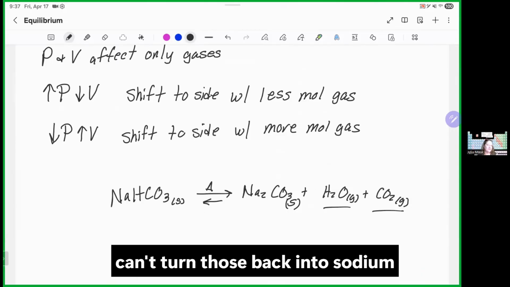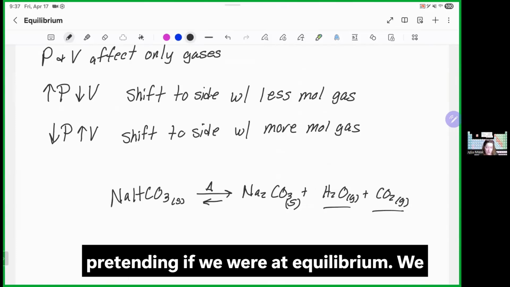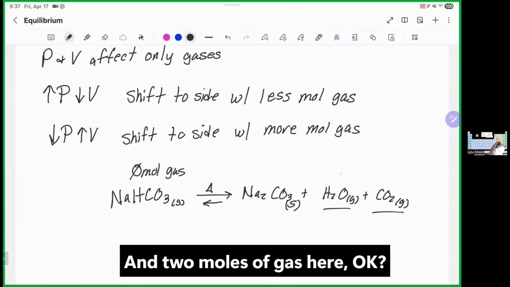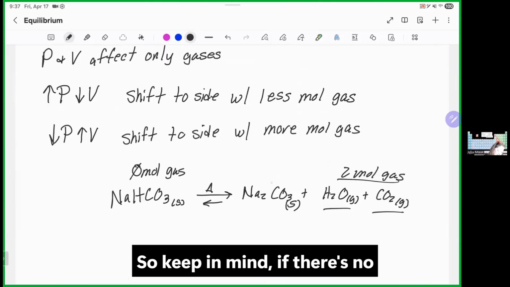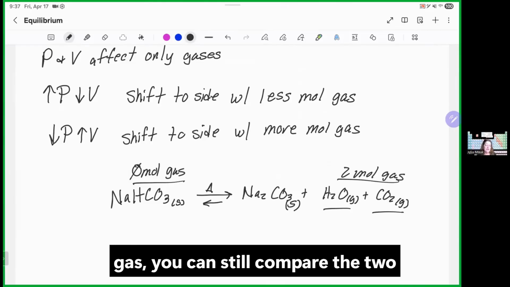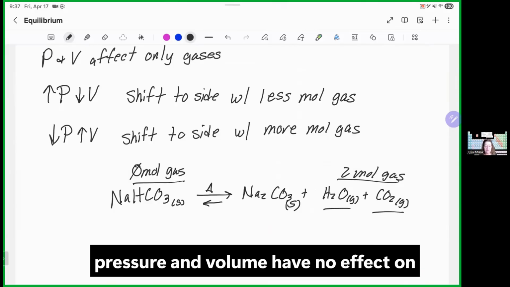You can't turn those back into sodium bicarbonate. But just pretending we were at equilibrium, we have 0 moles of gas here and 2 moles of gas here. So keep in mind, if there's no gas, that is just 0 moles of gas. You can still compare the two sides. If there's no gas at all, pressure and volume have no effect on equilibrium.